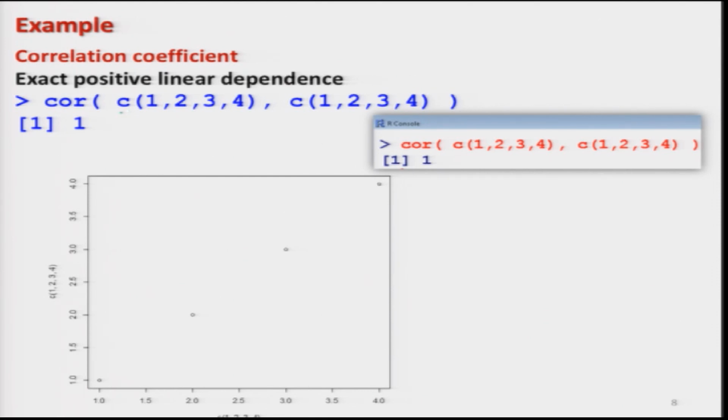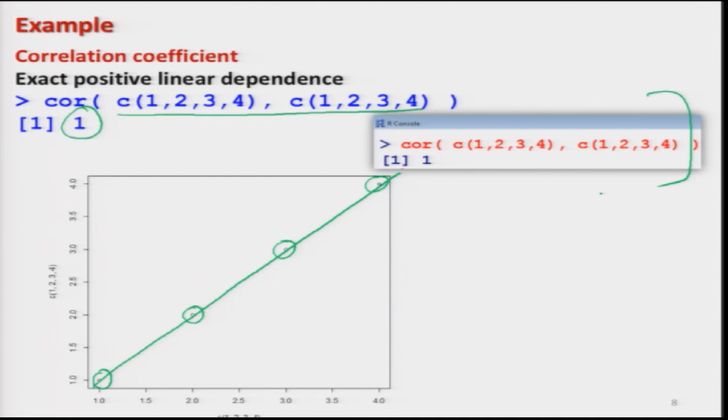When I find the correlation coefficient between the two data vectors 1 2 3 4 and 1 2 3 4, they are the same, so this correlation coefficient comes out to be 1, as you can see. And this is also indicated in the scatter plot given here. You see, these are the points 1 2 3 4, and they are lying exactly on a straight line. So, this is a case where we have exact positive linear dependence.